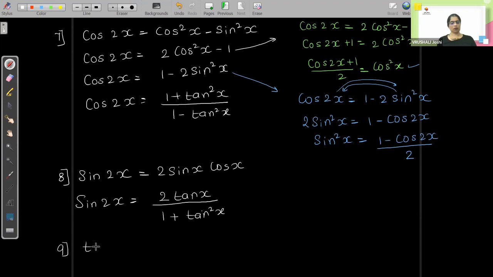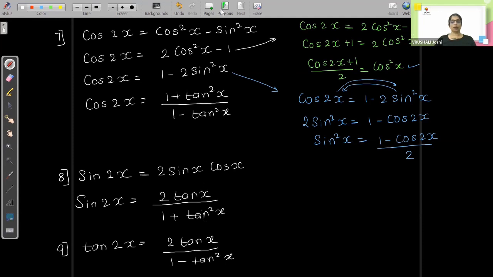So tan 2x is equal to what? 2 tan x by 1 minus tan square x. Correct?